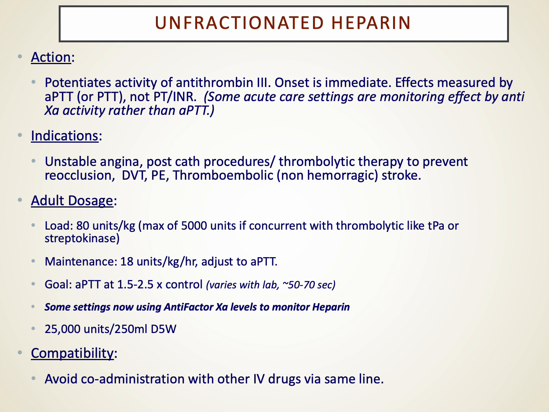Usually every 6 hours we'll measure the APTT and or the anti-10A activity in the blood and titrate the heparin IV drip according to the result of that number. So we pay really close attention to that.